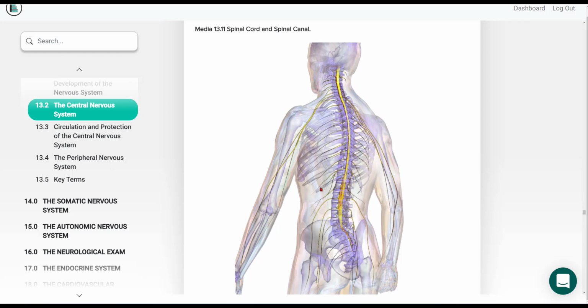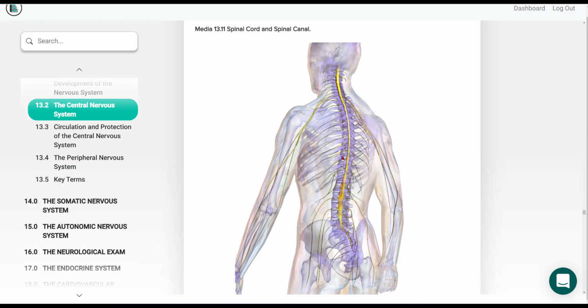Right, here's the little floating rib. Here's rib 11. So I know this is T11. I know this is T12. The next vertebra down here is L1, right? The first lumbar vertebra. So there are 5 lumbar vertebrae before you get to the sacrum. So the spinal cord ends at or about L1 at a region called the conus medullaris. You'll see that coming in a minute.